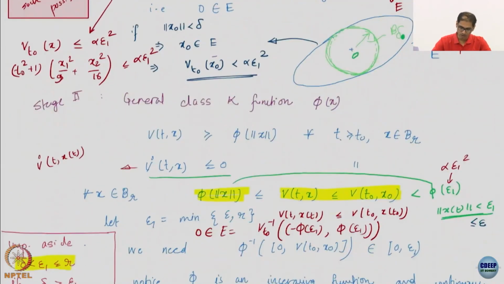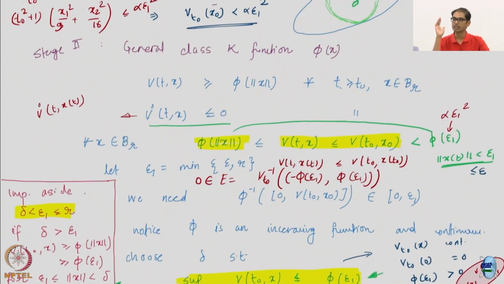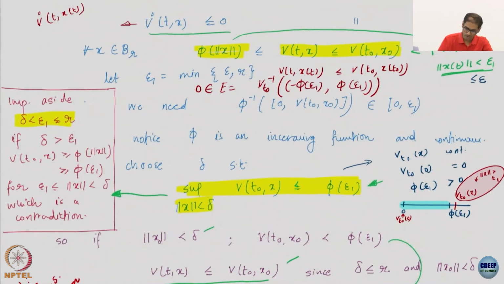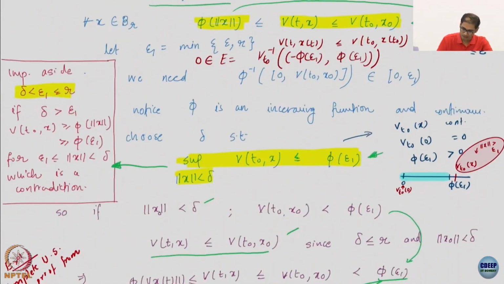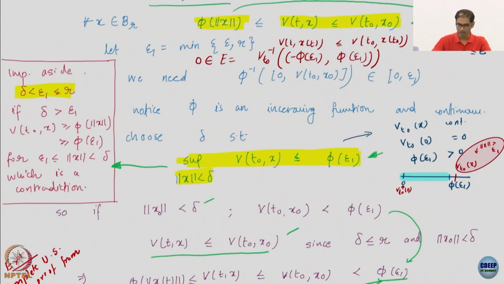Then we went on to the more general case, and here also things were not significantly different, alright. So the way we choose delta was again very similar. Instead of the alpha epsilon 1 square, we just plug in the epsilon 1 into the class K function itself, alright. So of course there were some technicalities here and there.